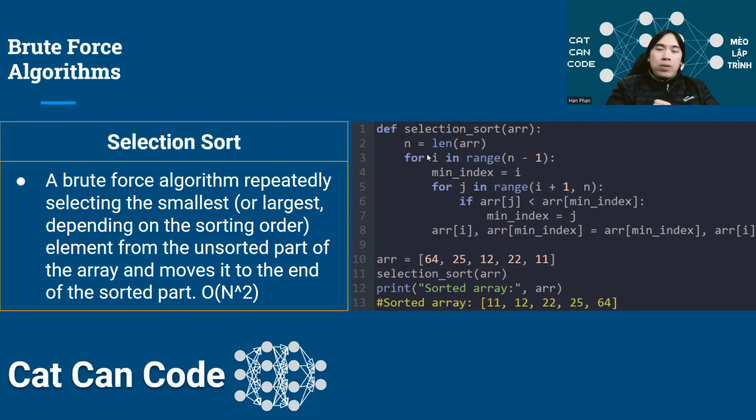Then I move to the next iteration because I know the first element is already the minimum element. Now I can move on to the second element and do the same procedure to find the min element in the unsorted part and swap it with the second element, and so on and so forth.